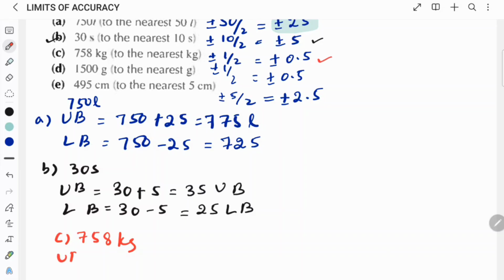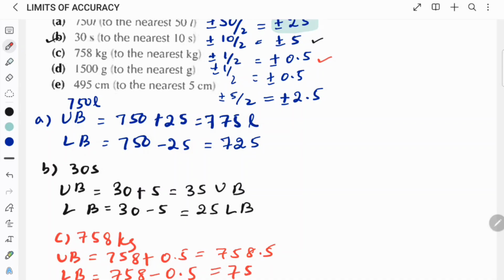So for the upper bound, 758 plus 0.5 is equal to 758.5, and for the lower bound, 758 minus 0.5 is equal to 757.5. All right. So remember, you are not using calculators. Two more parts here.